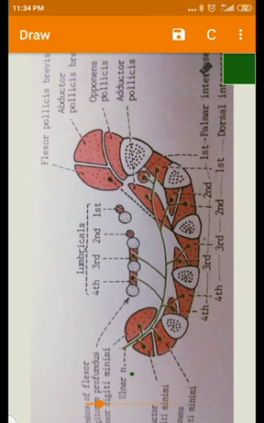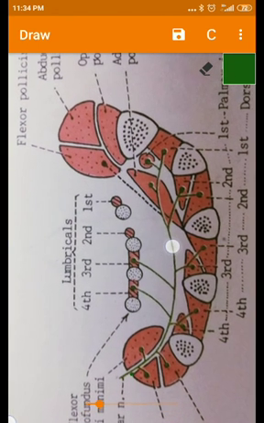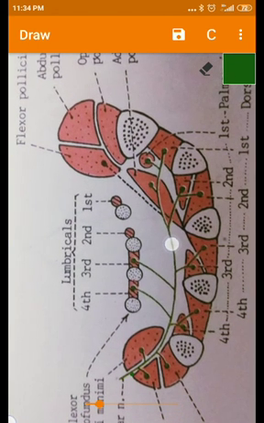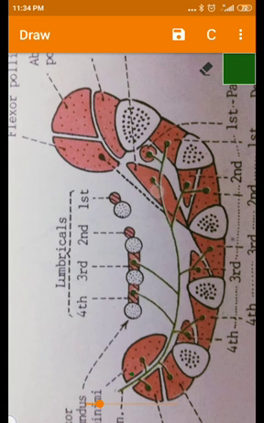After that, it turns laterally within the concavity of the deep palmar arch, and it ends in the adductor pollicis muscle. So this is the course of the deep branch of the ulnar nerve.